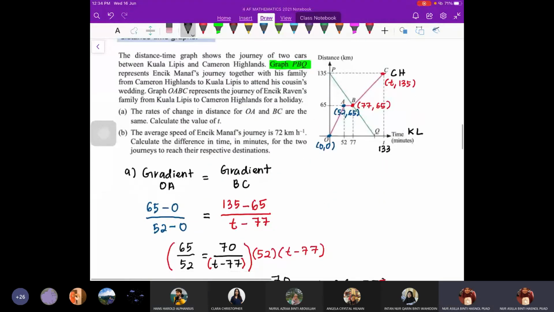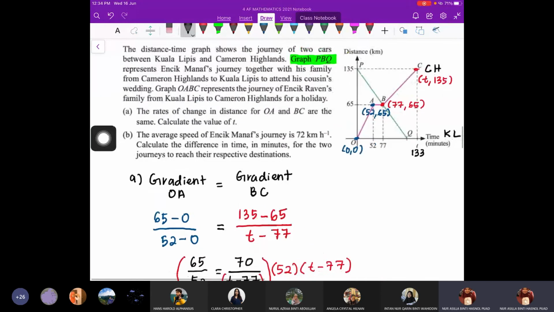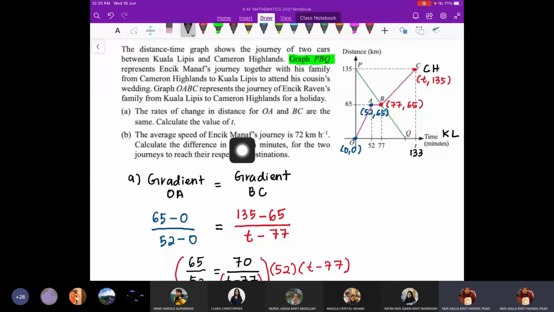Okay, so itu dia 133 minutes. Kena masuk akal, janganlah dia kurang daripada 77 pula. Kamu punya answer must be more than 77. Okay. So let's look at B. So B asks for the average speed of Encik Manaf's journey is 72 km per hour. So Encik Manaf adalah yang hijau. The average speed, so jadi total distance over total time yang hijau sahaja adalah 72 km per hour.